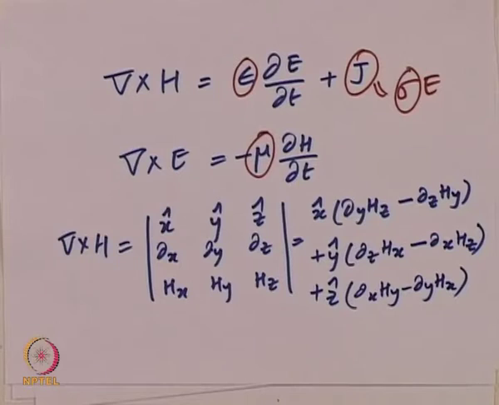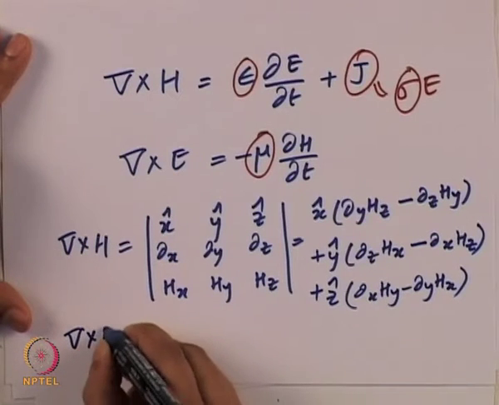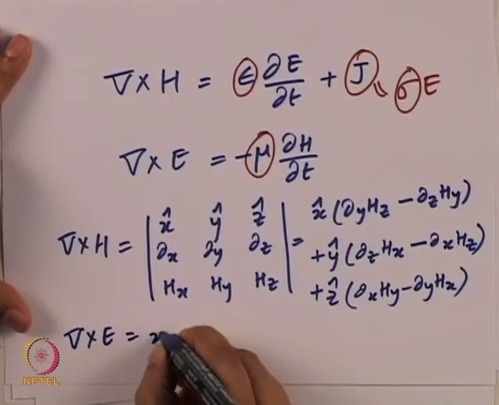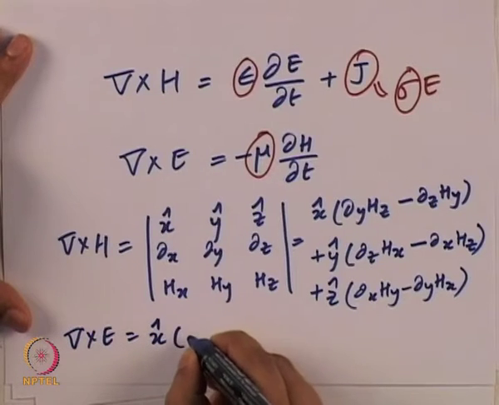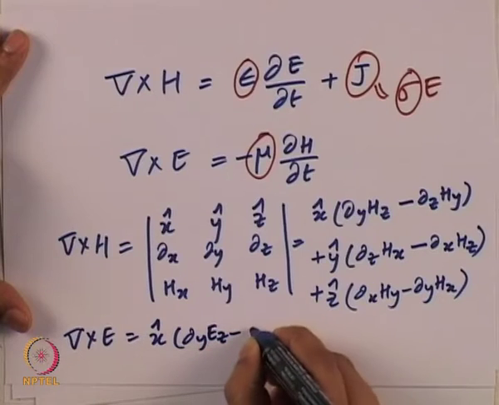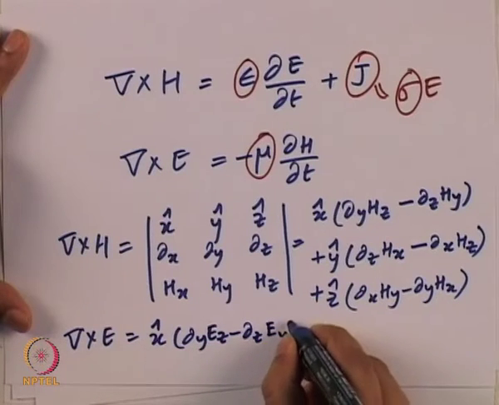Similarly, we will also have the components for del cross E, which is going to be expanded directly. The x component is going to be dou y Ez minus dou z Ey.